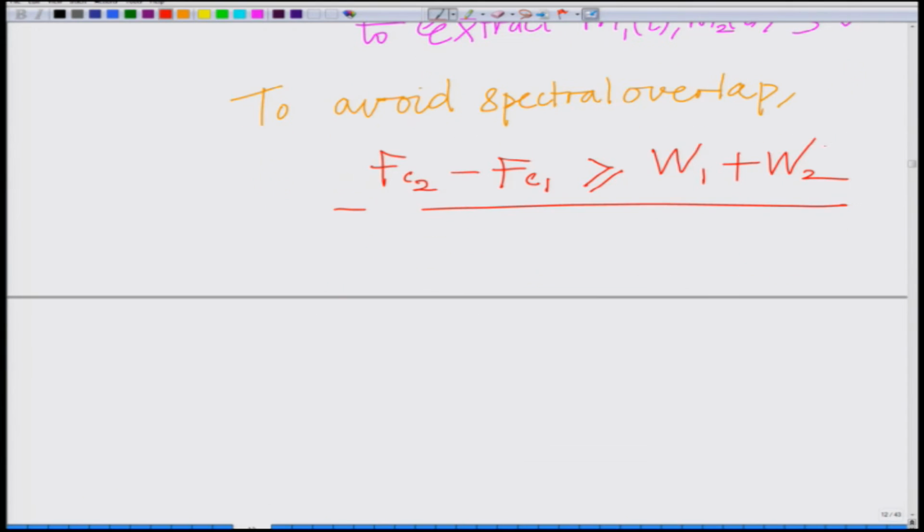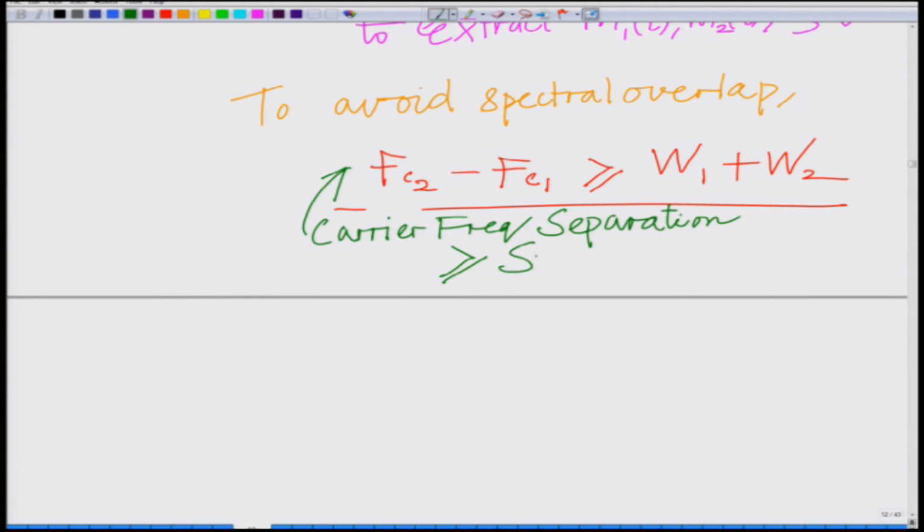Okay. This means that basically your carrier frequency separation must be greater than or equal to the sum of bandwidths. Now, this is for DSB.